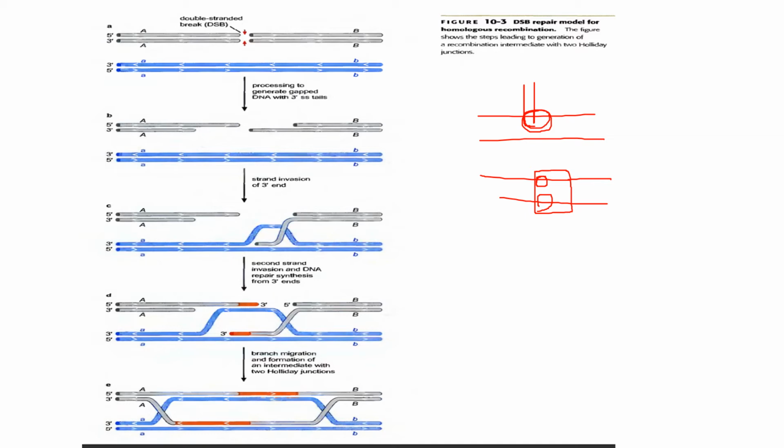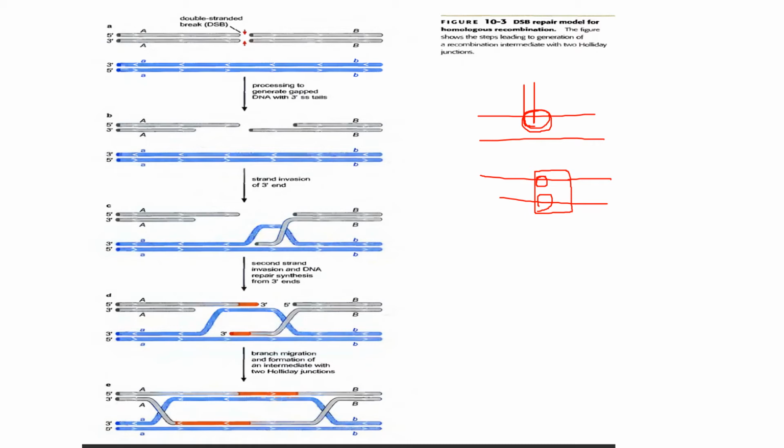Here the repair mechanism retrieves the sequence from the sister chromosome. Means these are the two strands of the DNA, and there is a break on both of these strands, so this break can be repaired by considering the other, that is the sister chromosome.